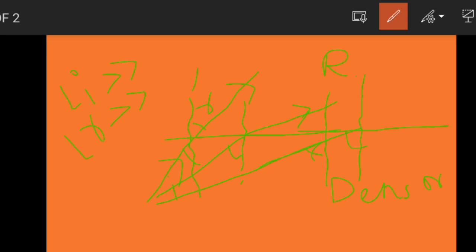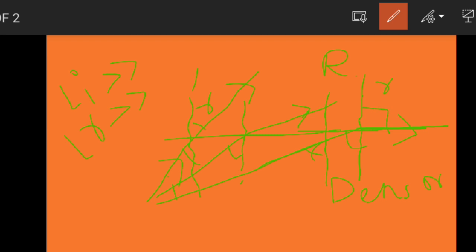At one particular angle of incidence, the ray will not enter into the rarer medium. We will not find any refracted ray in the rarer medium. That refracted ray, in such a way, grazes the boundary. Grazes the boundary means touches the boundary.